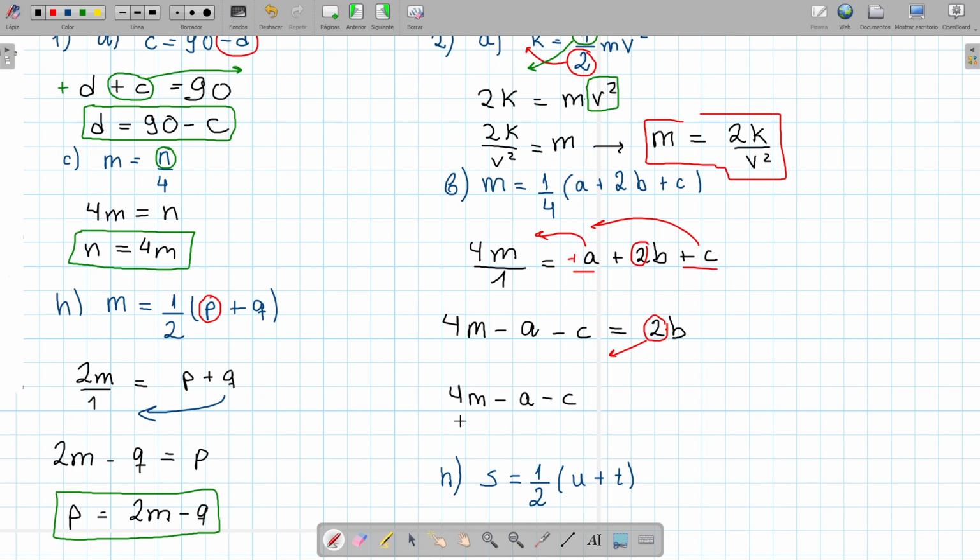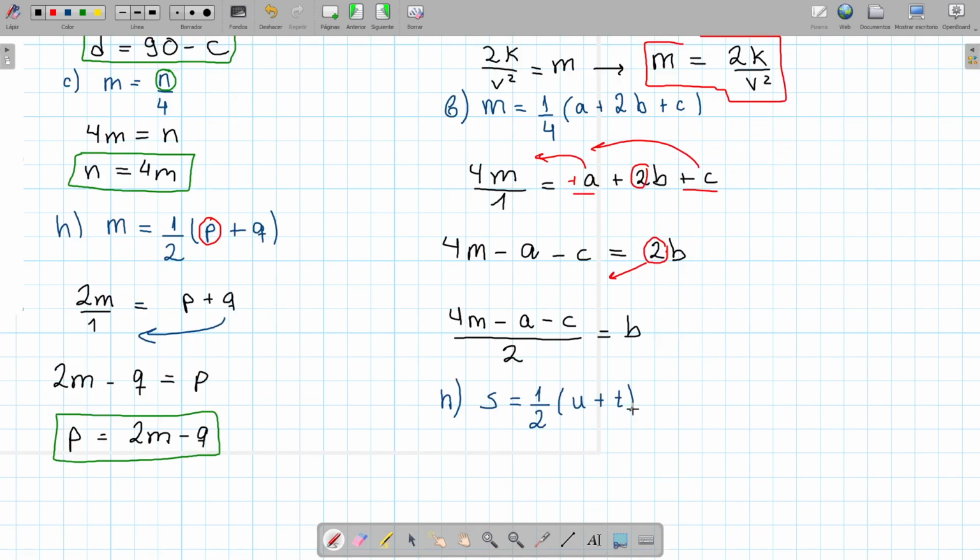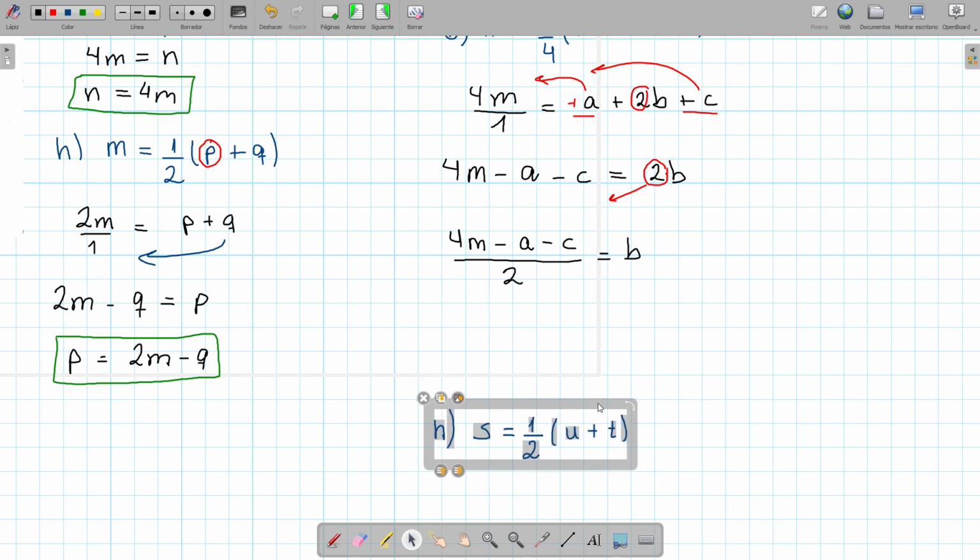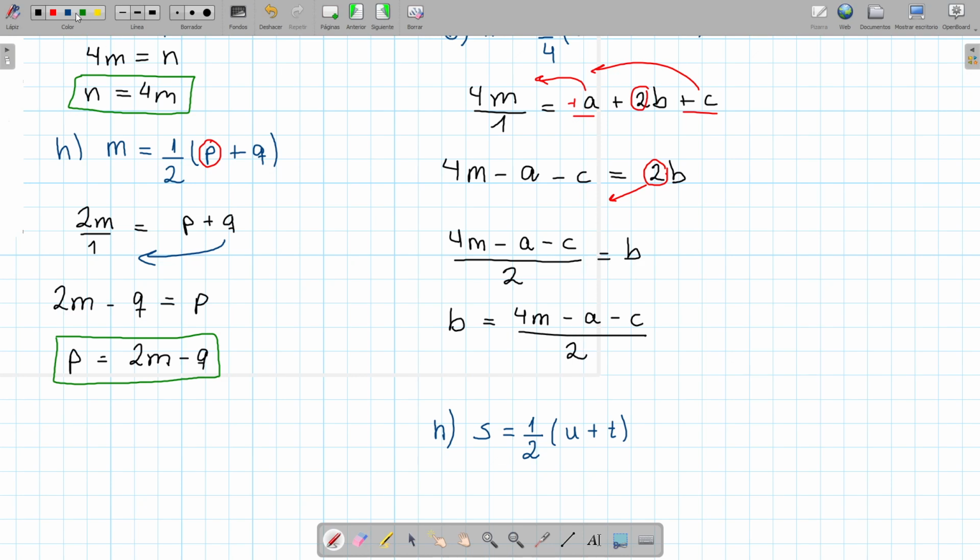And if I want to divide everything, I will just put a fraction over 2. That will be equal to b. Now, as you can see, I use again the property. I will change places. So b will be equal to 4m minus a minus c over 2. And we have solved for b.